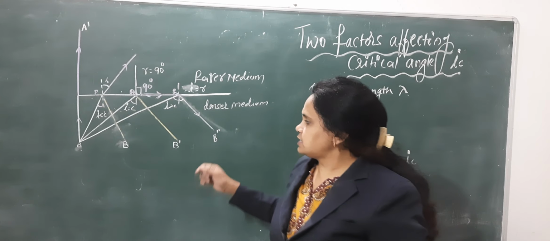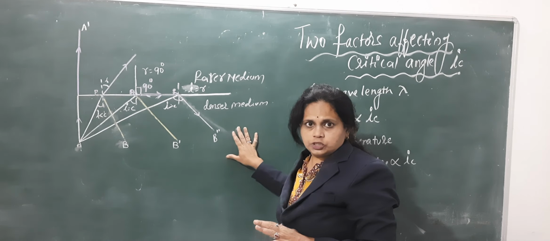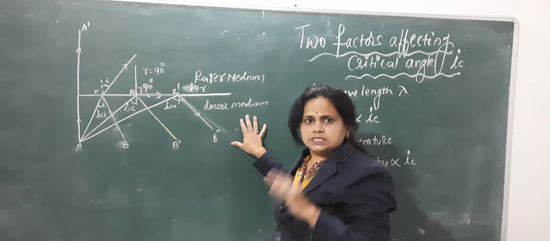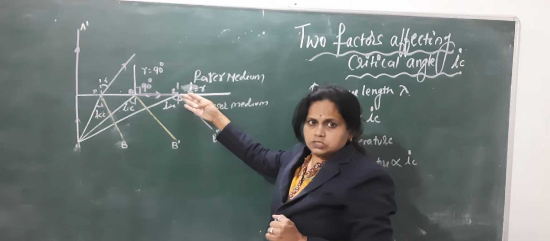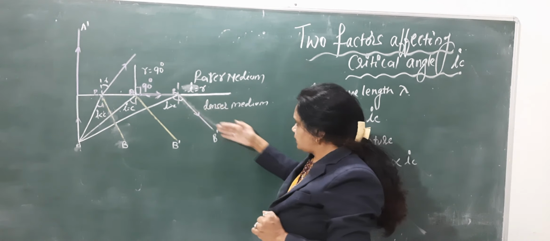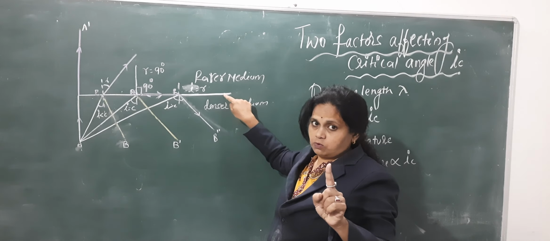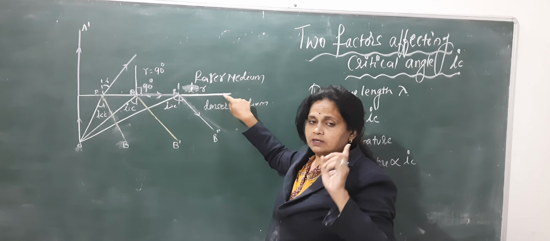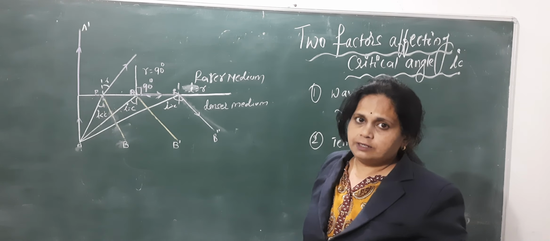Here it works, as I said while explaining, because total internal reflection occurs in the denser medium, whenever the ray of light strikes the border of a medium and comes back, this border is not an opaque border. It is the border between two transparent media.